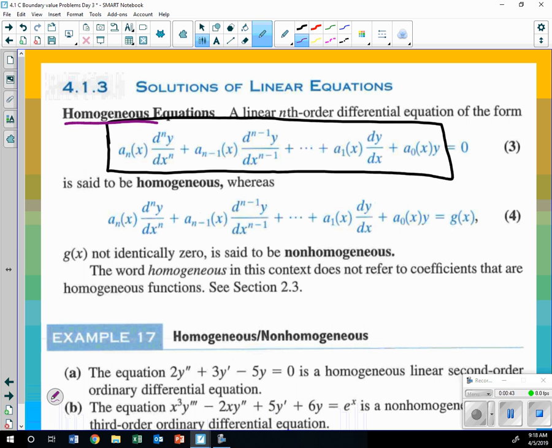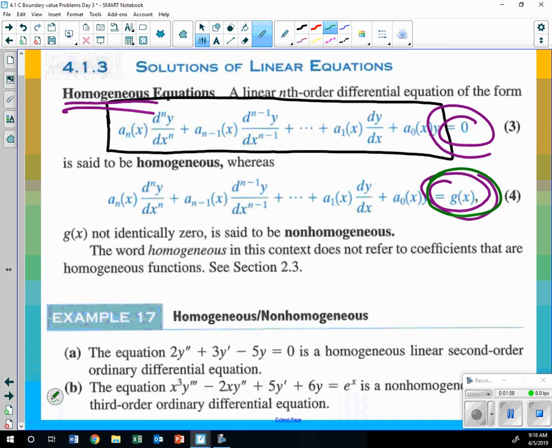So homogeneous means equal to 0. If it's not homogeneous, it's equal to something other than 0. Everything's the same, something times y double prime, something times y prime, something times y, but instead of 0, it's equal to g of x.